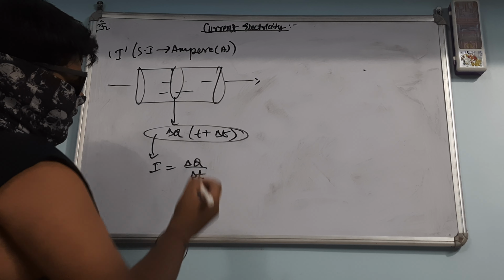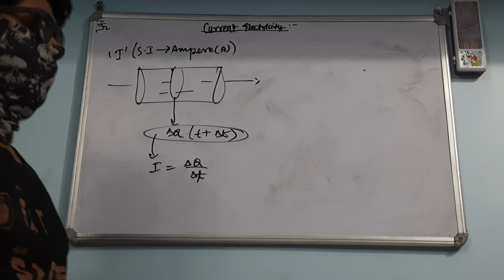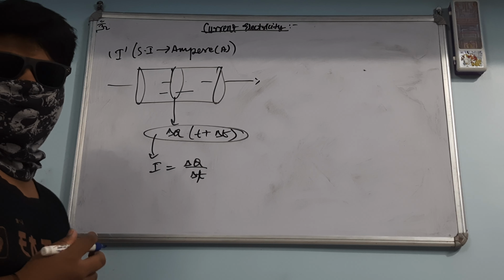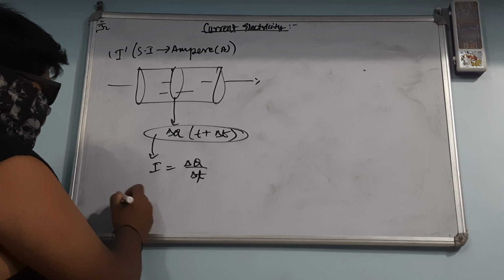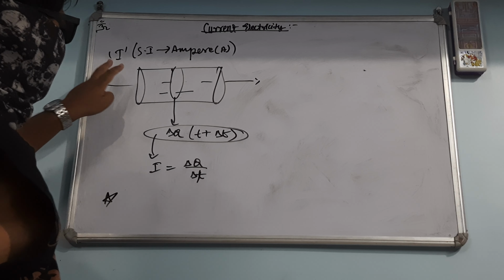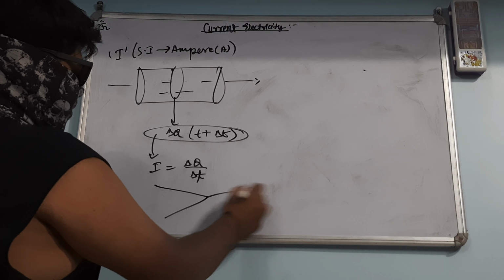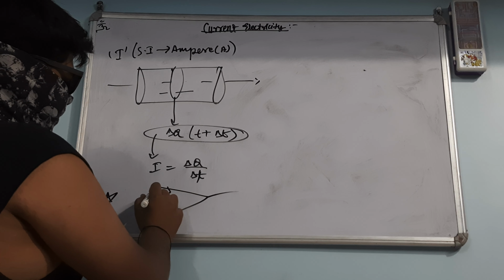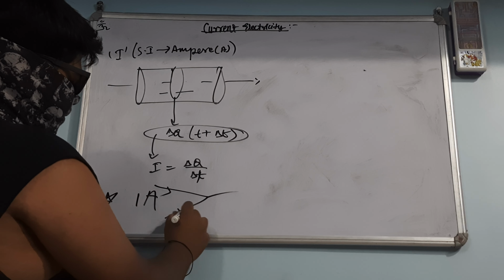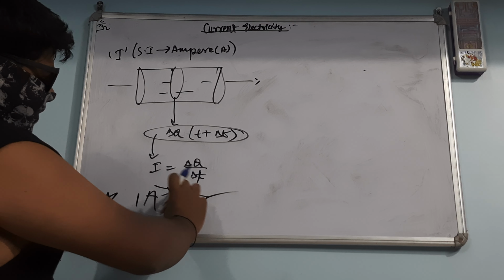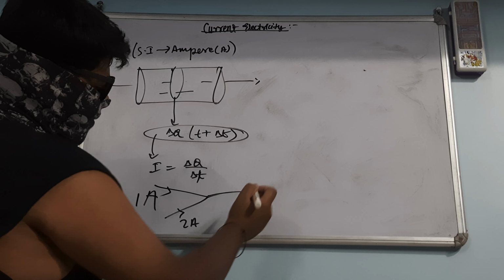This is electric current. Now we will be discussing current density. First, one more piece of information: electric current is a scalar quantity. Let us take two wires. From here 1 ampere is coming and from here 2 ampere is coming. These two wires are connected to one single wire.